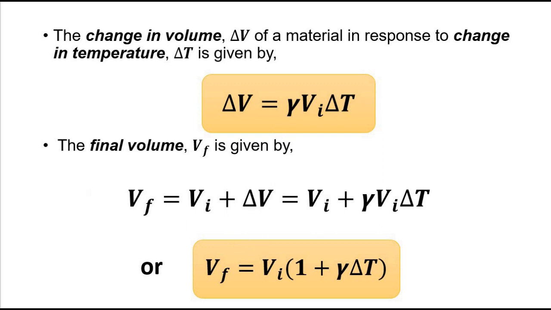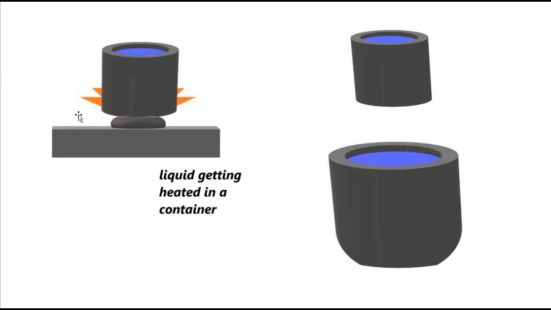Everything stays the same, but here the situation is something like that. Let us say we have a given mass and volume of a liquid which is heated in a container. The container is solid, so it has a certain volume expansion coefficient.